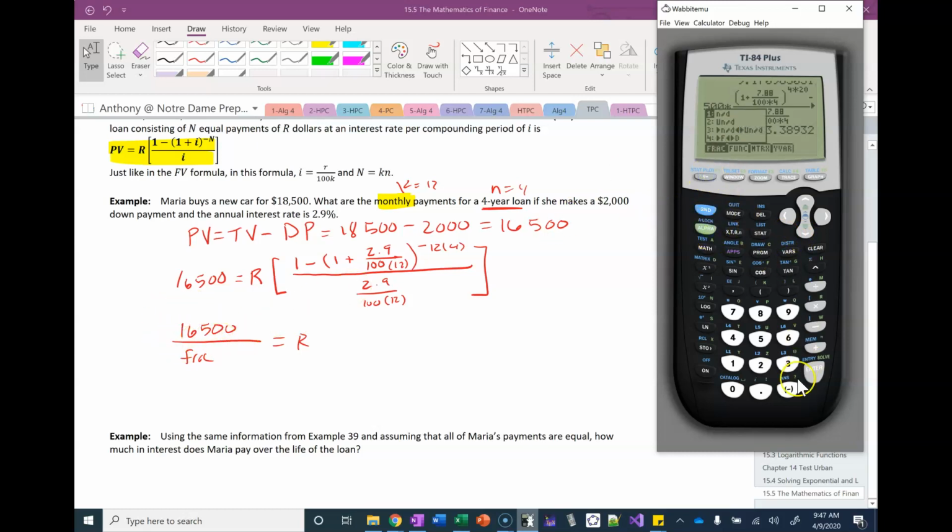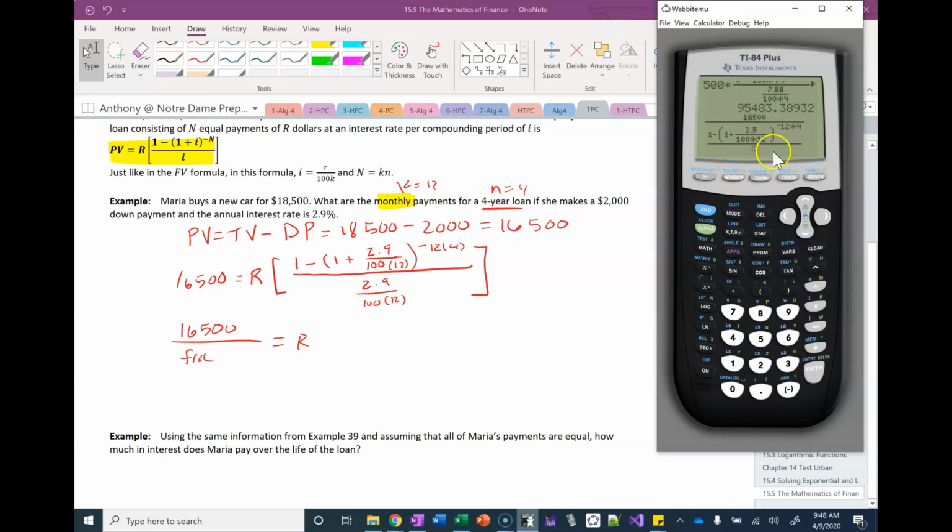I'm going to do a fraction command for this fraction. The numerator, I'm going to have 1 minus the parenthesis, 1 plus, and then I need the fraction command again for this fraction. That's 2.9 over 100 times 12. And then I'm going to close my parenthesis to the negative 12 times 4.